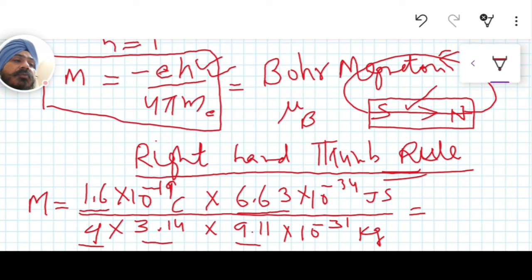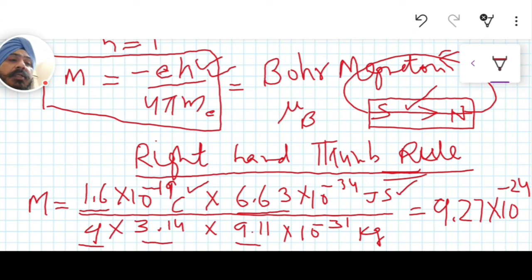Solving this, we can solve the numbers and the powers of 10 separately, and what we will get is 9.27 into 10 raised to the power minus 24. And what will be the units? You can check from here: coulomb, joule second, and kilogram. They combine to give ampere meter square.